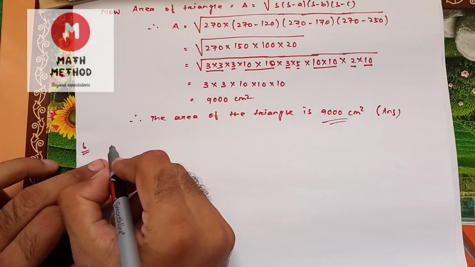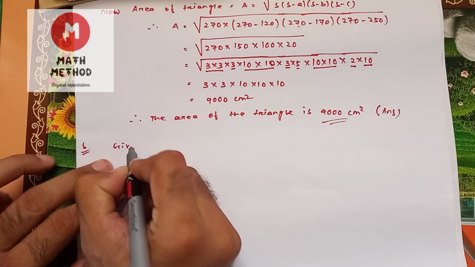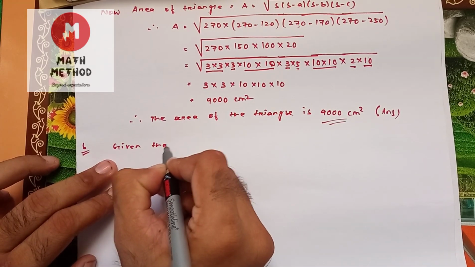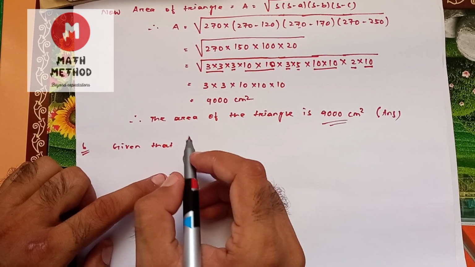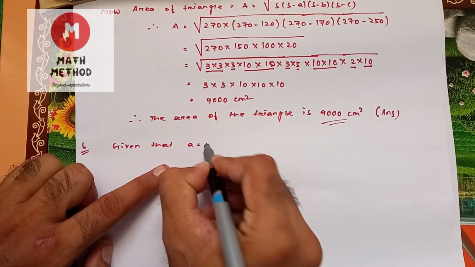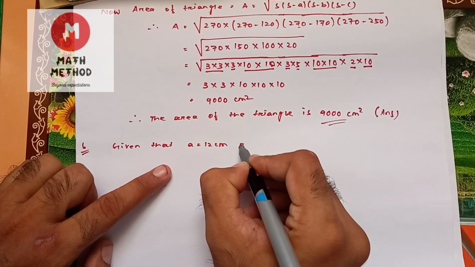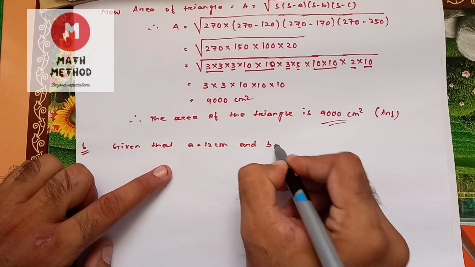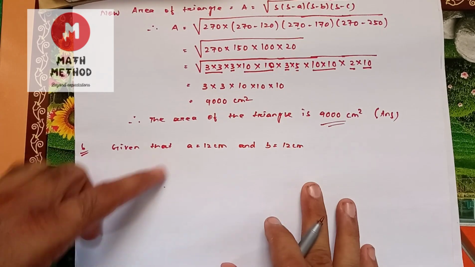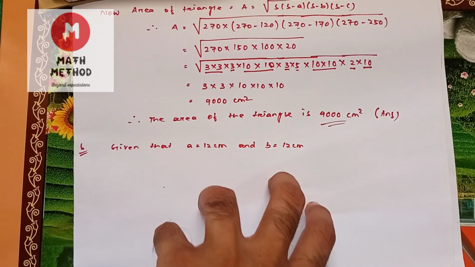Here given that A is equal to 12 cm and B is equal to also 12 cm, because isosceles triangle has any two sides equal with each other.